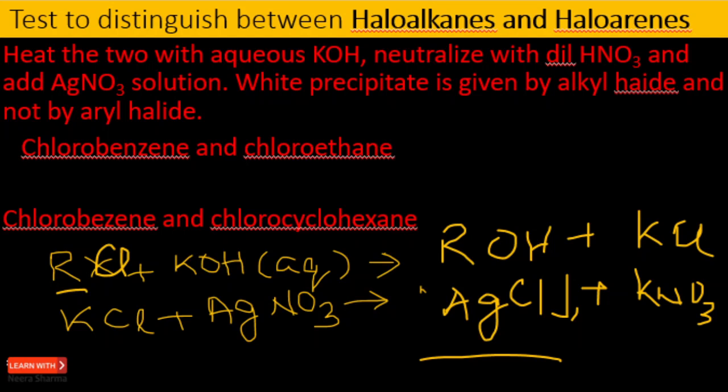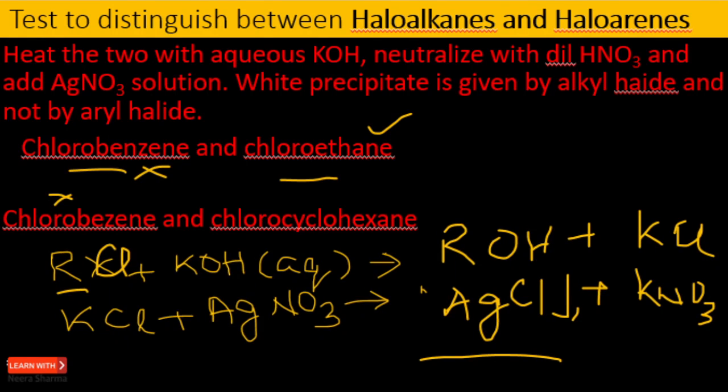So if I have to distinguish between chlorobenzene and chloroethane, chloroethane is an alkyl halide, so this will give a precipitate, and no precipitate in case of chlorobenzene. Similarly, chlorobenzene and chlorocyclohexane: chlorobenzene is an aryl halide, no precipitate. What is chlorocyclohexane?